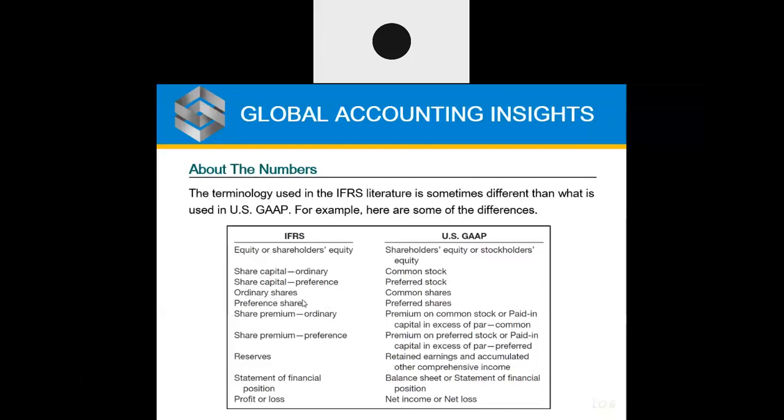For share premium ordinary, IFRS uses share premium ordinary, but US GAAP uses premium on common stock or paid-in capital in excess of par, which means the share premium. And then for reserve, IFRS uses reserve, but US GAAP uses accumulated OCI.